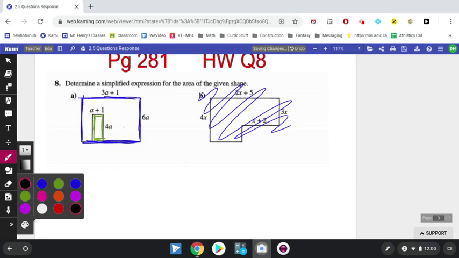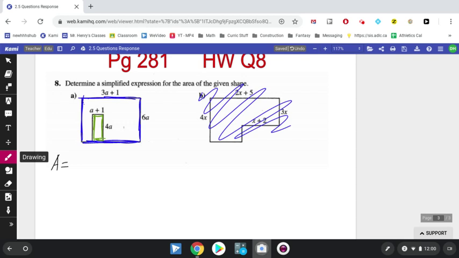I would say the area equals the area of the big rectangle minus the area of the small rectangle. If I could have both of those areas, I could subtract the smaller one and I would have my simplified expression, because it's like I had a big rectangle and I cut out a little one.